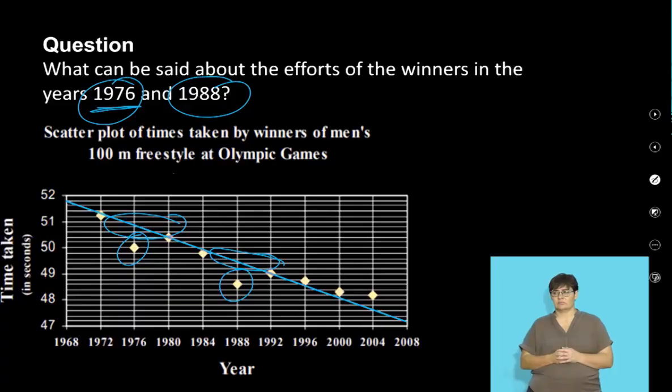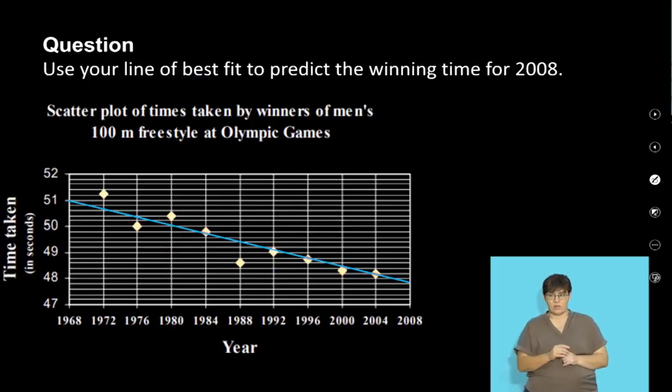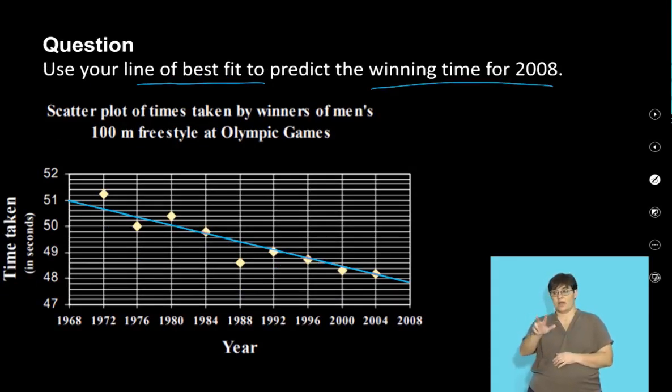Okay, now let's see what we can do here. Use the line of best fit to predict the winning time in 2008. What is the winning time in 2008? 2008 is somewhere there. So we have to go on our line and predict.